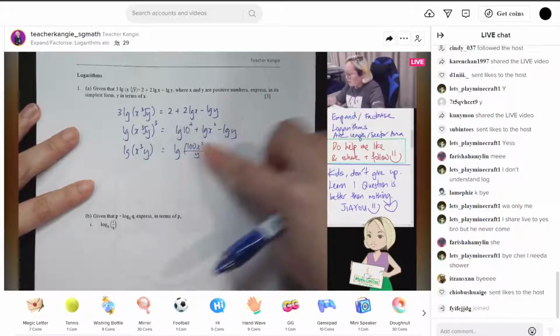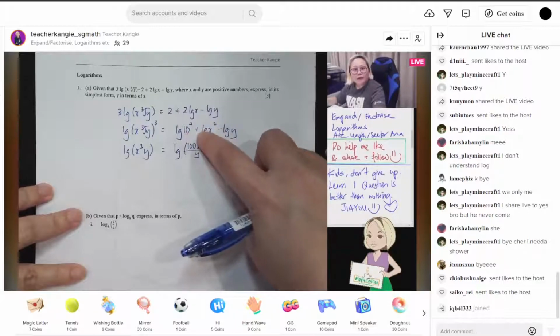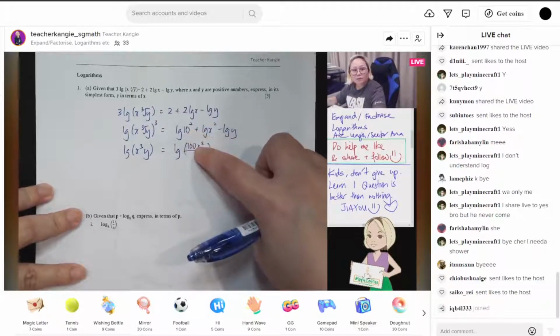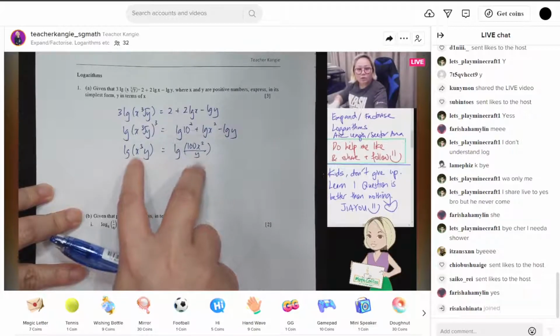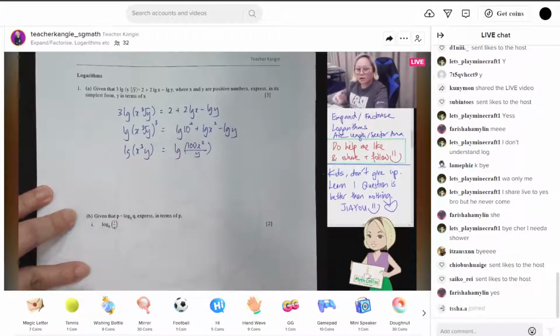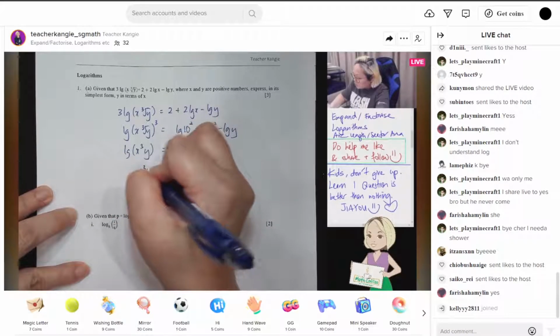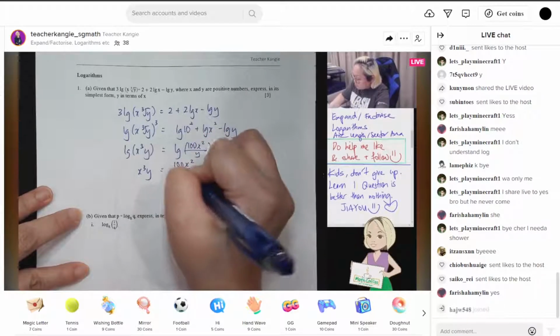You see that? 100x squared over y. 100 times x squared, because plus is multiply, minus is divide. So do you see that I make both sides a single logarithm? Now I can remove the logarithm and it becomes x cubed y equals 100x squared over y.